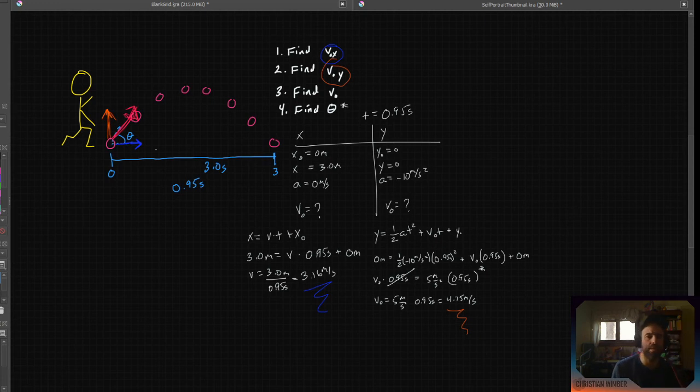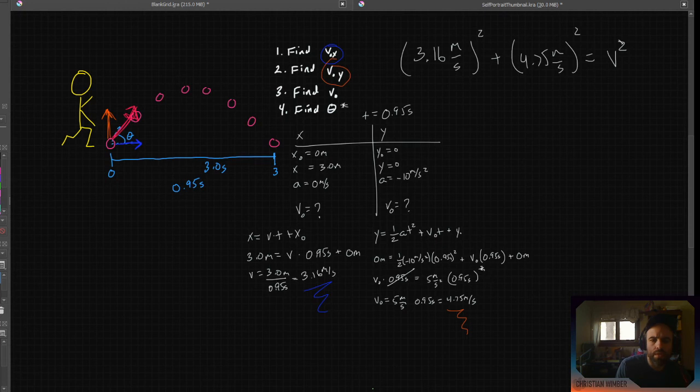But when we're adding things together where one's horizontal and one's vertical, what we have to do is use the Pythagorean theorem. So Pythagorean theorem-wise, 3.16 meters per second squared plus 4.75 meters per second squared is equal to our final velocity squared.